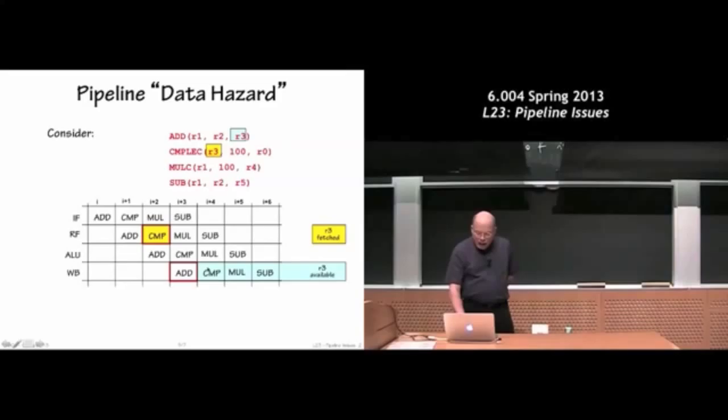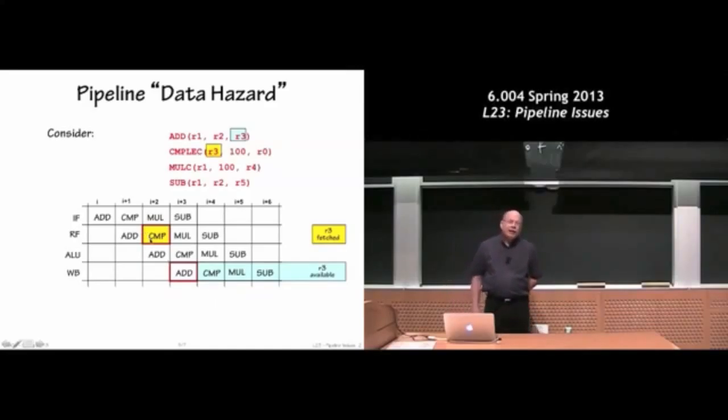That means that starting in cycle I+4 and beyond, the updated contents of R3, updated by the result of the add instruction, are available.